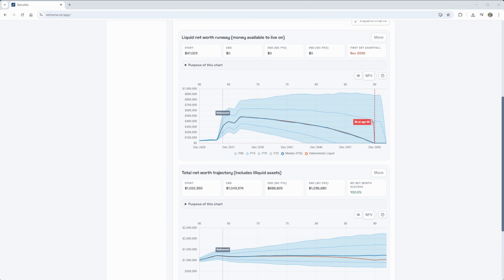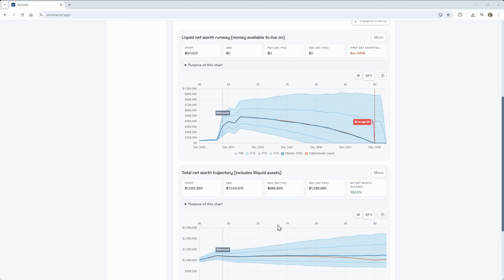And if things go badly, then sometimes you will end short, and you will run out of money way before you have run out of life. Every single scenario gets run with a variety of market conditions, sometimes better and sometimes worse.